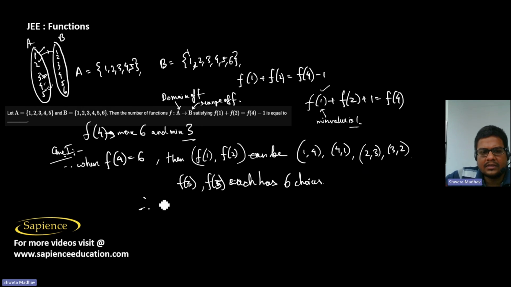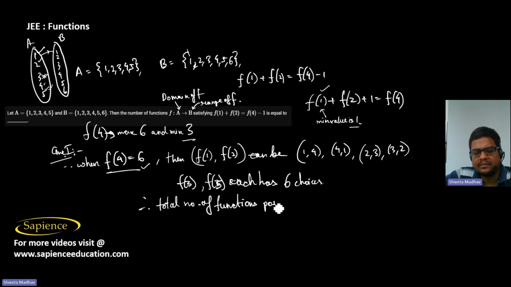So therefore, in case 1, when f of 4 is 6, the total number of functions that are possible will be equal to: f of 1, f of 2 has got 4 choices, f of 3 has got 6 choices, f of 5 has got 6 choices.